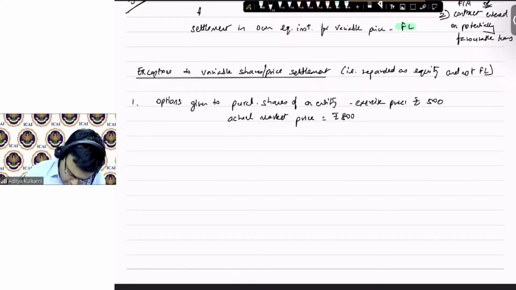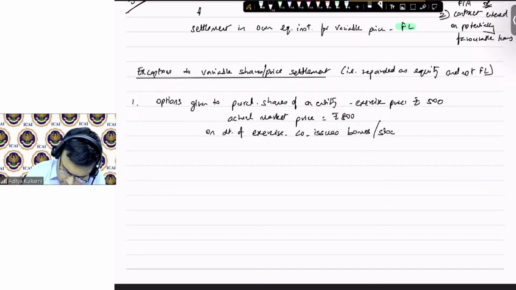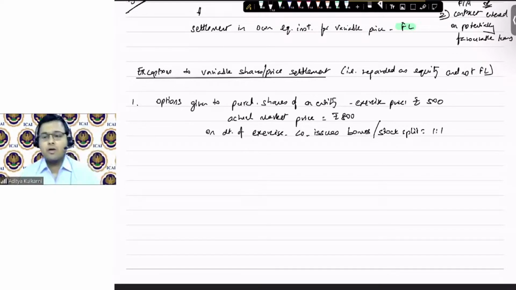Now suppose on the date of exercise, the company issues a bonus or stock split, either of the two, in the ratio of 1:1. That means for one share of the company, you will get another bonus share.